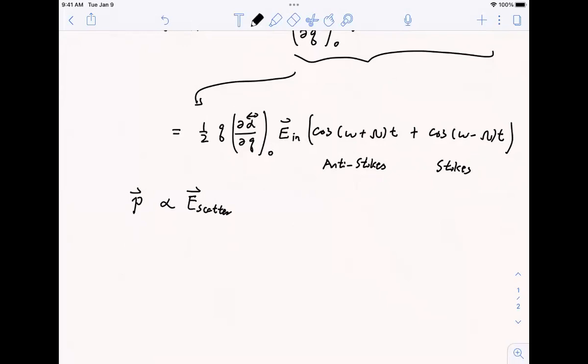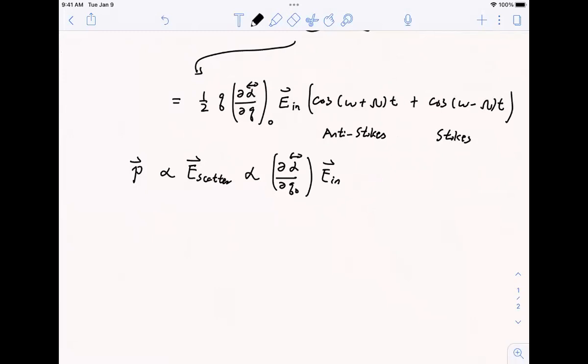And then this is proportional to the incident field, so you're going to have a certain detection.